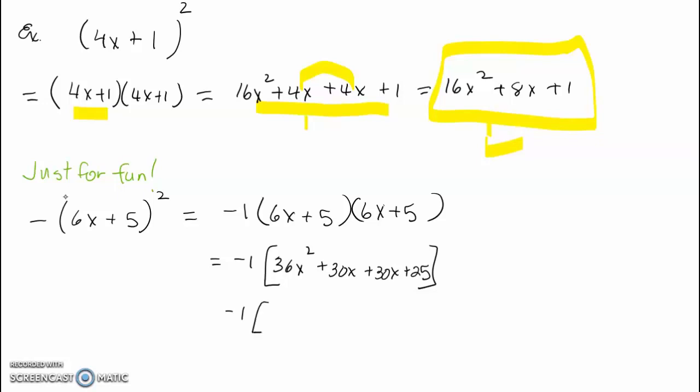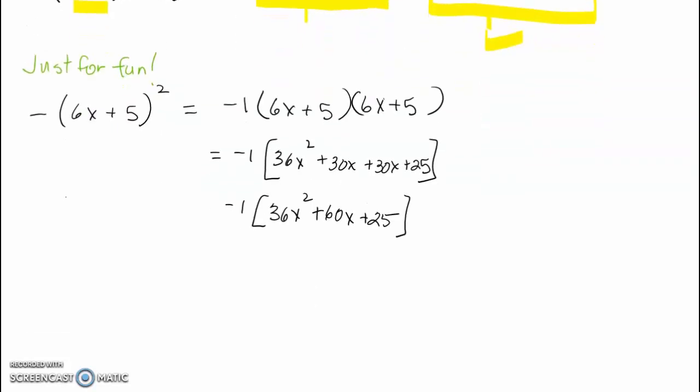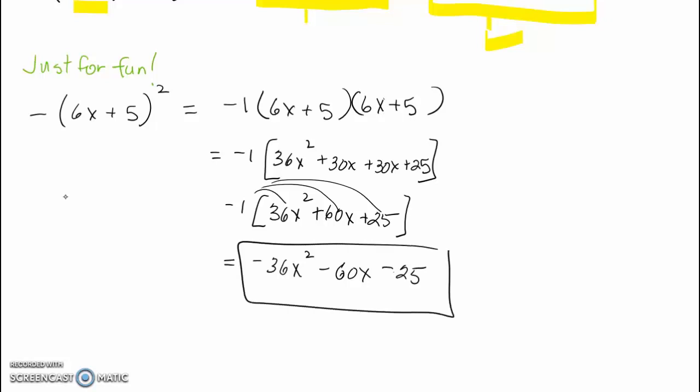Collecting like terms on the inside, we wind up with a trinomial of 36x squared plus 60x plus 25. And then for the final answer you have to distribute that negative 1 on the outside, and the final answer is negative 36x squared minus 60x minus 25. And there is your final answer.